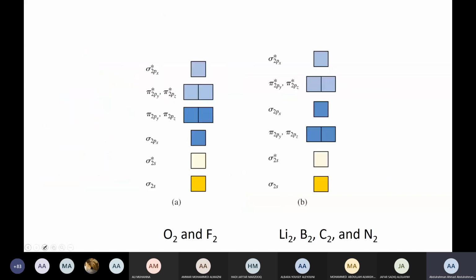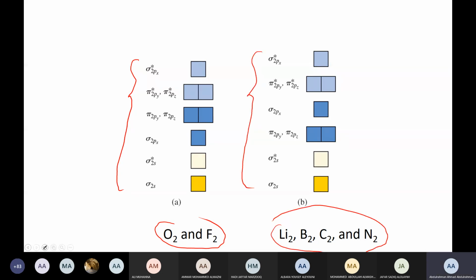If you have two groups, then this is the other shape that you must memorize, and memorize very well. For one group you will have this shape, and for this other group you will have this shape. What's the difference between A and B?